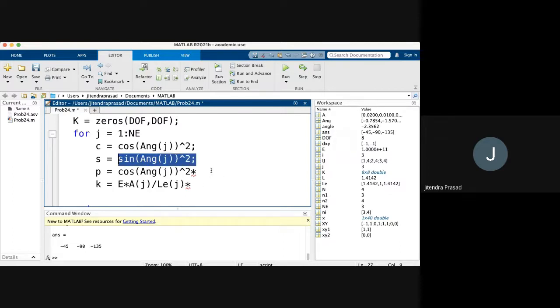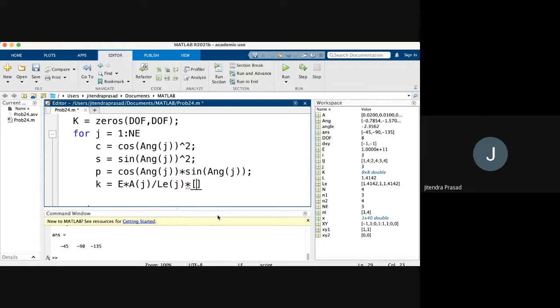Of course, the square term we have to remove. Here you go. Cos times sine, all are the jth one only. So now it has become very easy.